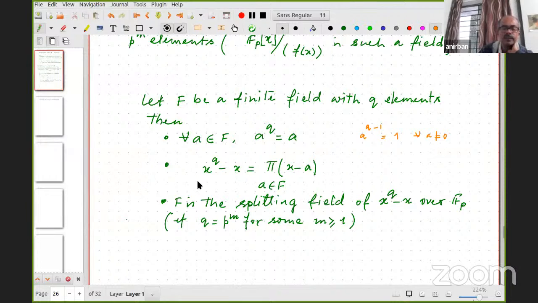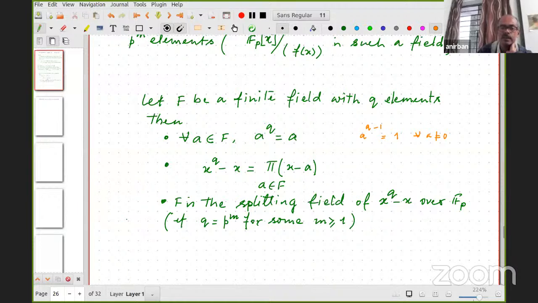And the next thing is more interesting, though it is a very easy consequence of the earlier thing. This is an important observation that the polynomial x to the q minus x splits completely in this field F with q elements into linear factors.